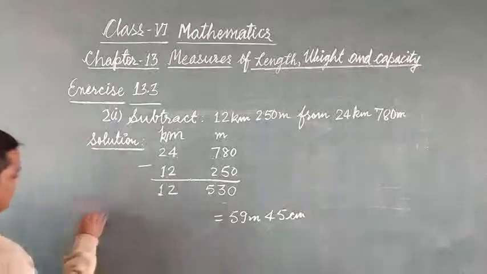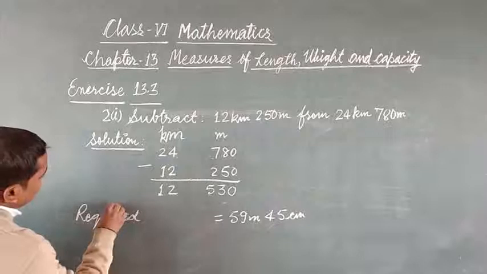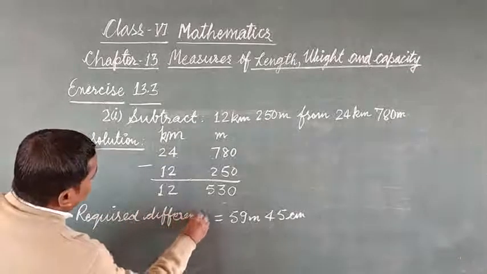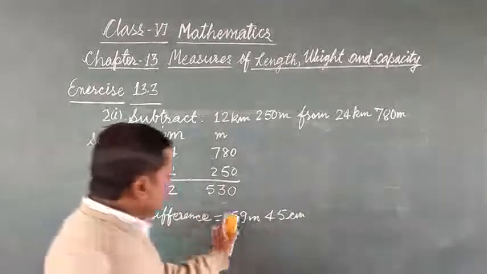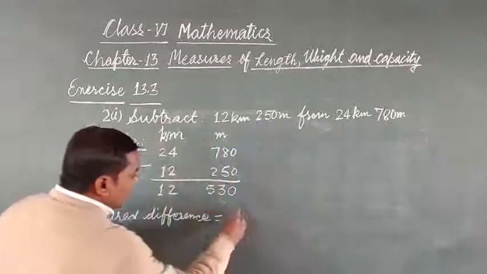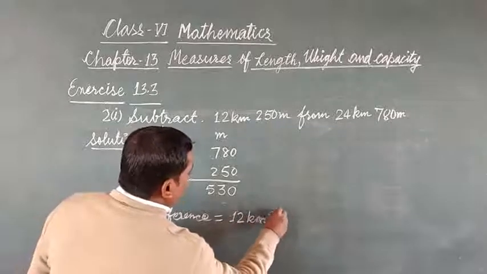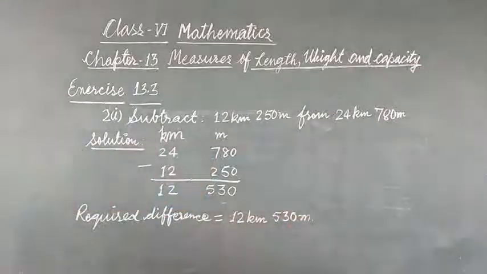Here we write: required difference is equal to 12 kilometer 530 meter. This is the answer. I hope you understood how to subtract two given measures.